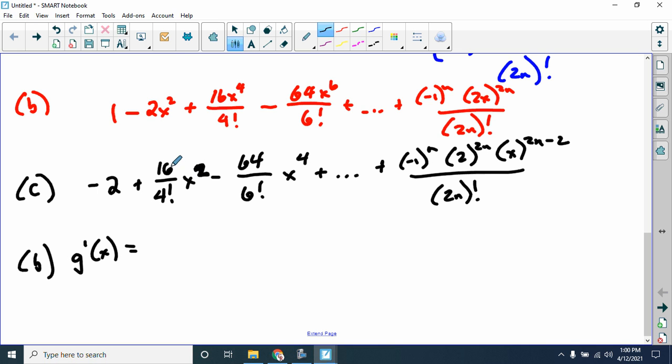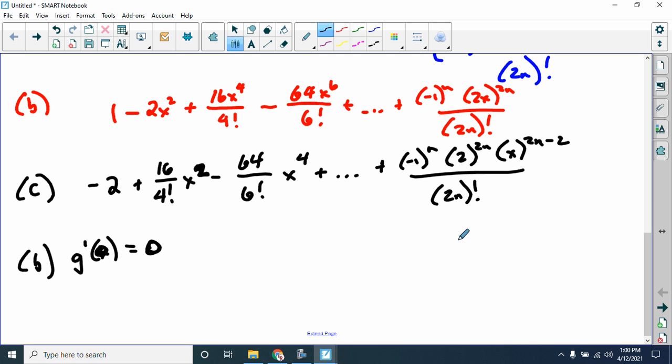The 2 would go out front here. And I would still have x to the first. When I plug in 0, that becomes 0. The 4 would go out front. I'd still have x to the third when I plug in 0. So I do get a first derivative of 0. So it could have a min or a max at x equals 0.